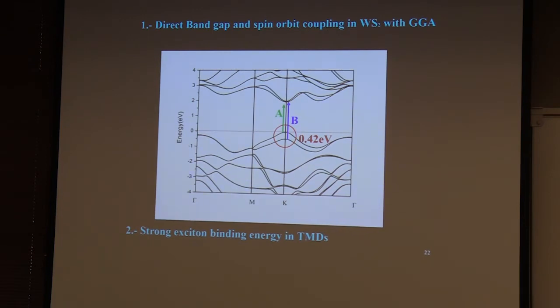What happens? When you excite, one electron goes from the valence band to the conduction band, right? So when the electron is here, it leaves a hole here. So you have an electron-hole pair. It turns out that the electron-hole binding energy in these systems is very big.